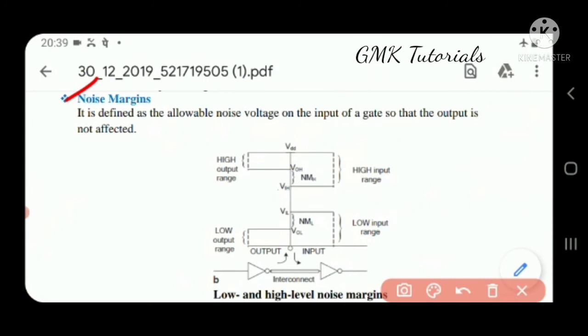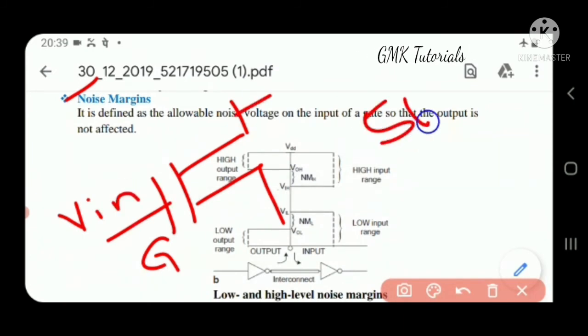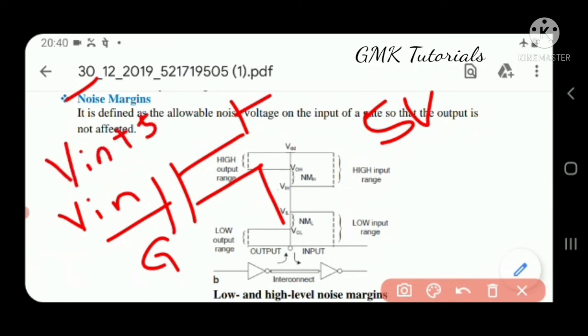The noise margin is the noise voltage on the input of the gate which is allowable and cannot affect the corresponding output. Let me explain simply. Suppose you apply an input to the gate that produces 5 volts, and the input also has some noise, maybe 0.5 volts.